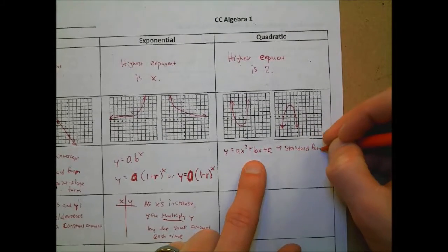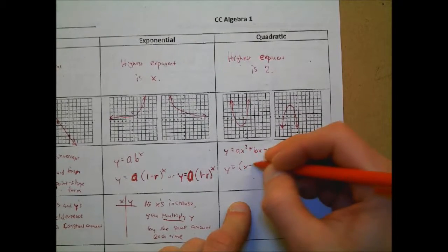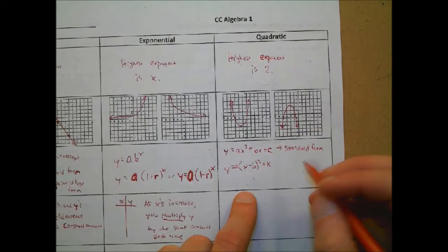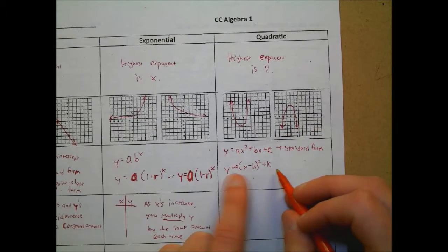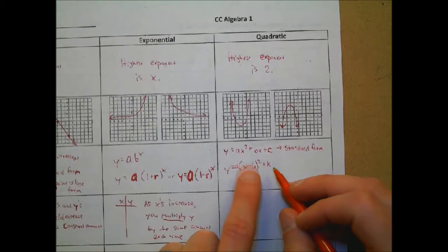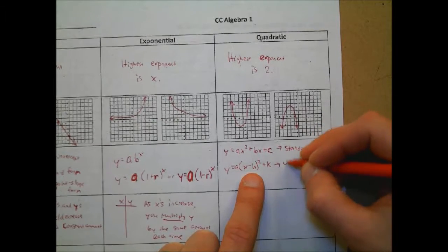Okay. We also had this form, y equals a times x minus h squared plus k. Remember what we called this? The h and the k are what special point on our graph? It's the vertex. So this is vertex form. It tells us the vertex.